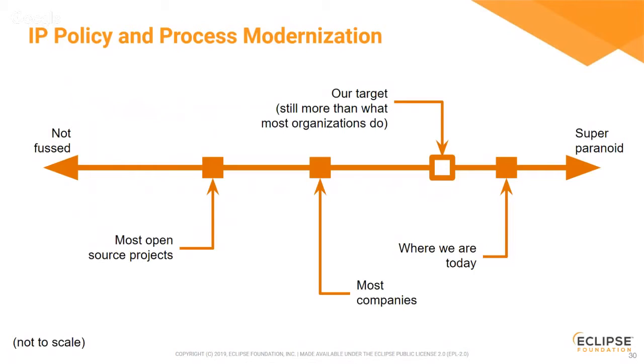We believe that when we're done with these proposed changes, we will still be doing for intellectual property management and risk mitigation far more than most companies do, and certainly far more than any other open source communities do. So this is just something to keep in mind that we've been using as a guiding principle as we move through this process.